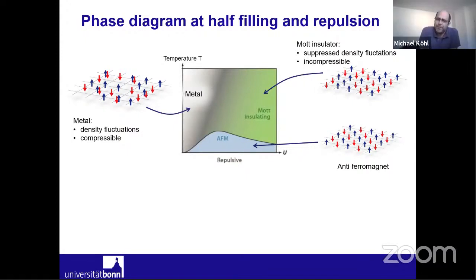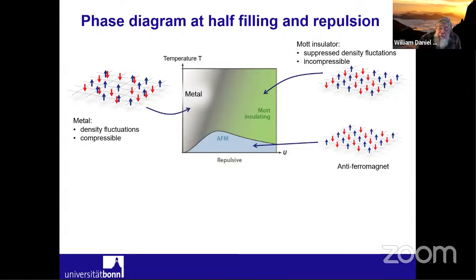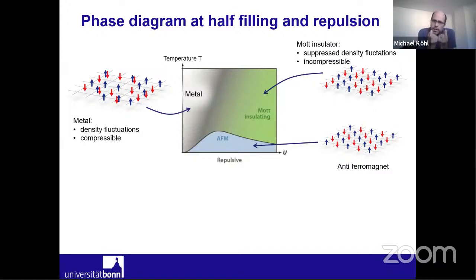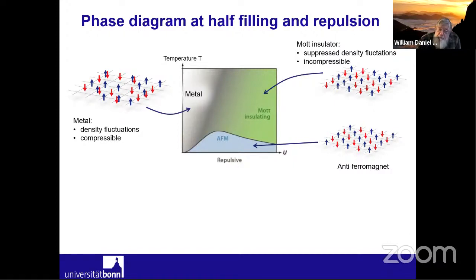In order for the superexchange mechanism to work, you need a certain amount of fluctuations in the system. You can think about it in the following picture. How does a particle on one side know whether the neighboring side has the same spin or not? The process goes through a virtual hopping process, and then it goes back.